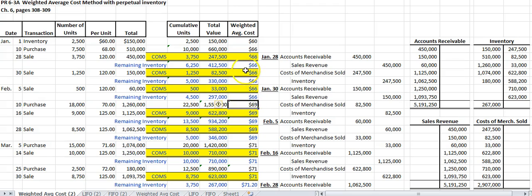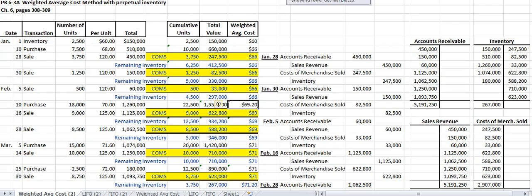And then you can calculate your new weighted average cost, which is 1,557,000 divided by 22,500 units, and that's going to be $69. Is it rounded? No, it's $69.20, right?